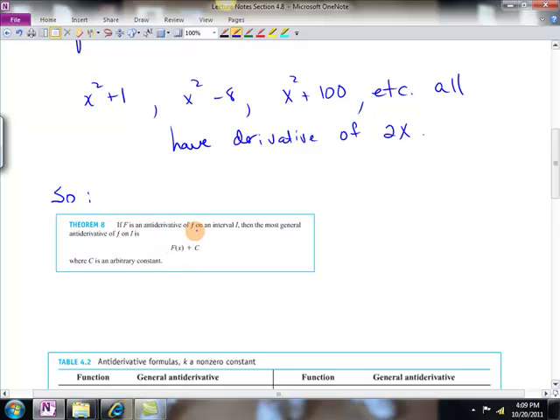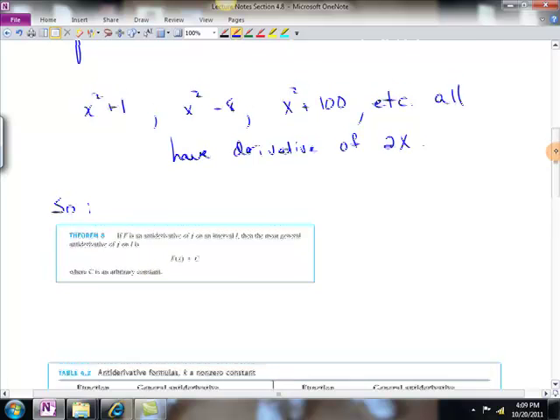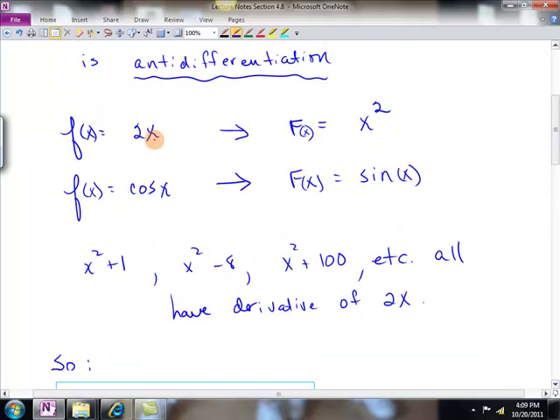If F is an antiderivative, then the most general antiderivative is F of x plus c, where c is an arbitrary constant. So if we were given 2x, then the integral, I haven't used that word yet, the antiderivative would be x squared plus c, because there's a lot of things that would still have that as a derivative.